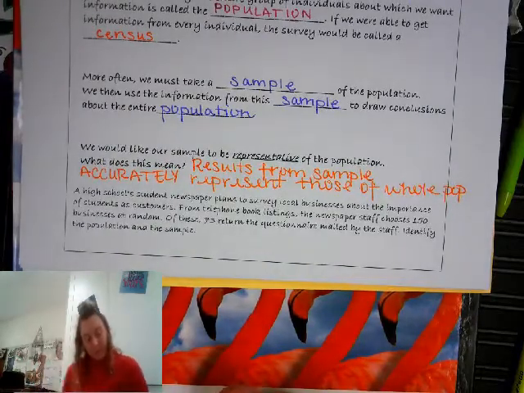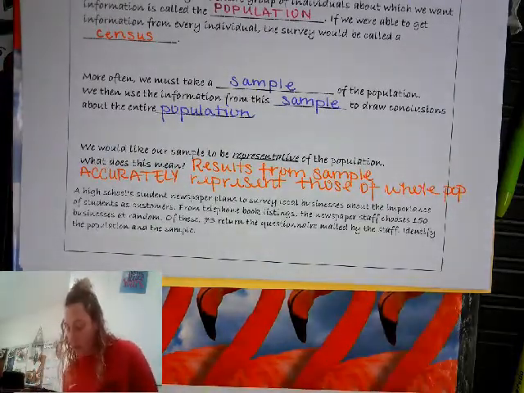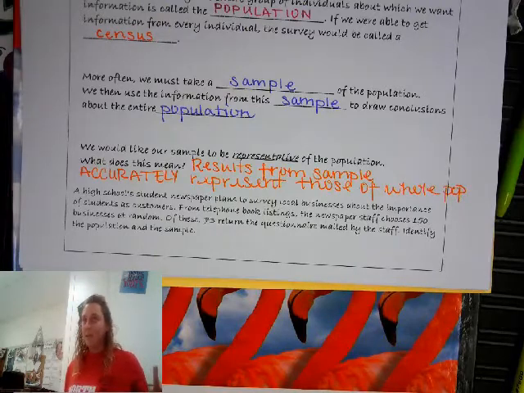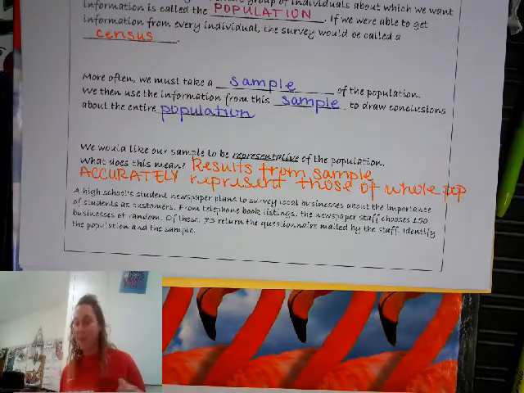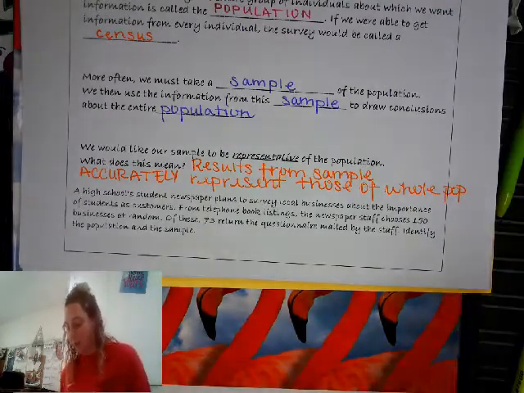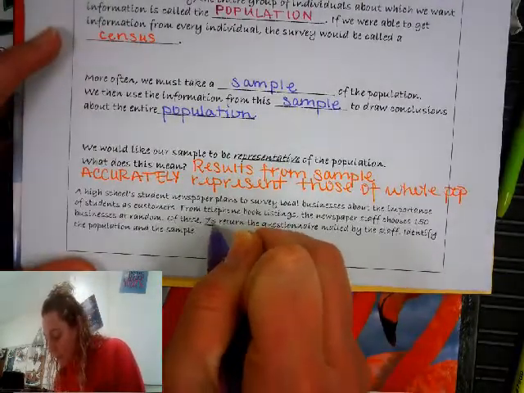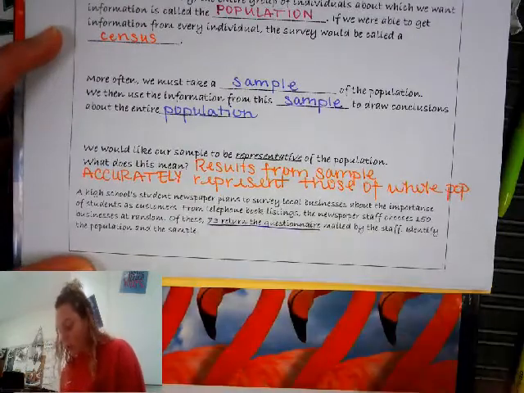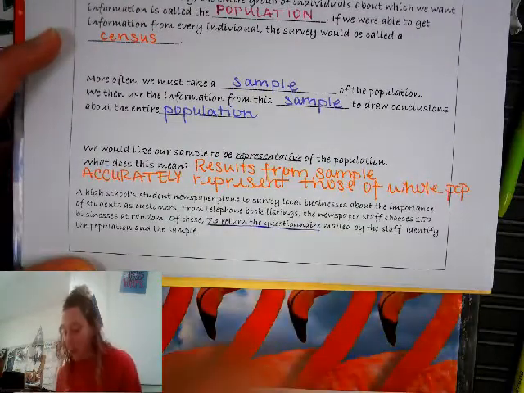To me, it's easier to identify the sample first, probably because usually it's attached to a number. So in this case, the 73 that return the questionnaire comprise our sample.